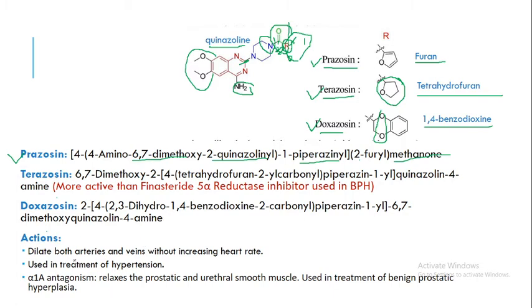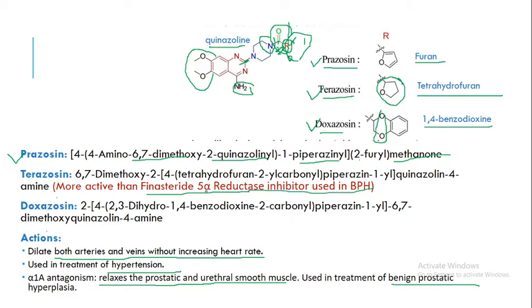Now the actions of these drugs are that they dilate both arteries and veins without increasing the heart rate. Basically used in the treatment of hypertension, and alpha 1 antagonism relaxes the prostatic as well as the urethral smooth muscle, and basically these kinds of drugs are used in BPH. Compared to finasteride, finasteride is a 5 alpha reductase inhibitor basically used in BPH.